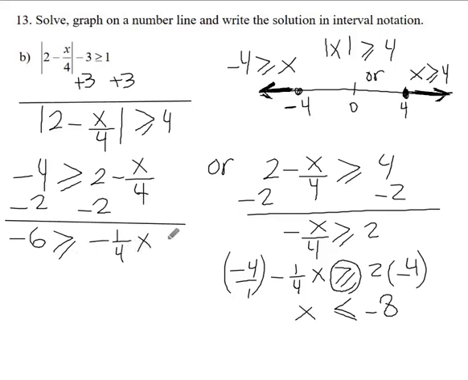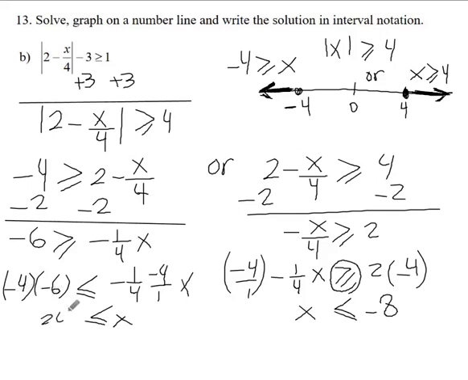So if I go ahead and multiply both sides again by negative 4, or negative 4 over 1, you notice that the direction of the inequality again changes to its opposite direction. So this becomes minus 1/4 times minus 4 over 1 times x. So x would be greater than or equal to negative 4 times minus 6, which would be 24.